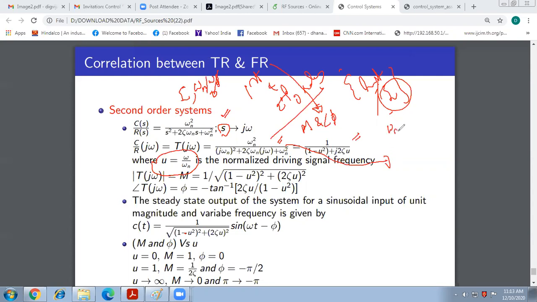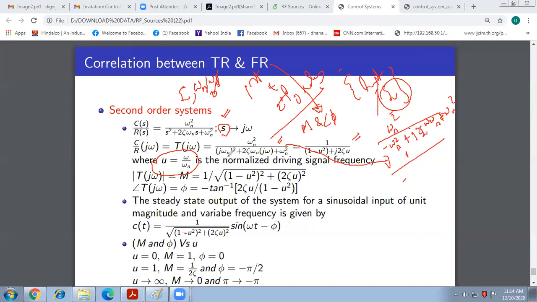I have omega n square divided by (j omega n) square, which is minus omega n square, plus j 2 zeta omega into omega n, plus omega n square. So if I take omega n square common, I will be left with 1 divided by... something is wrong here. Here it should be what?